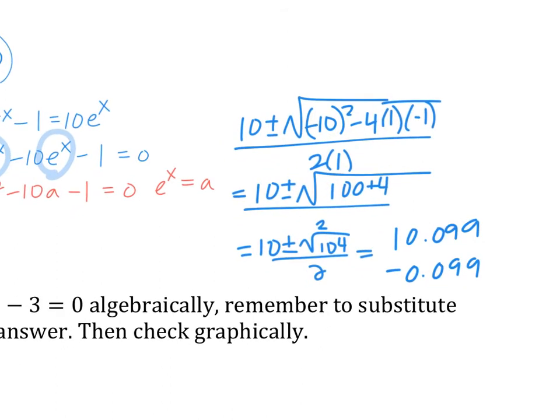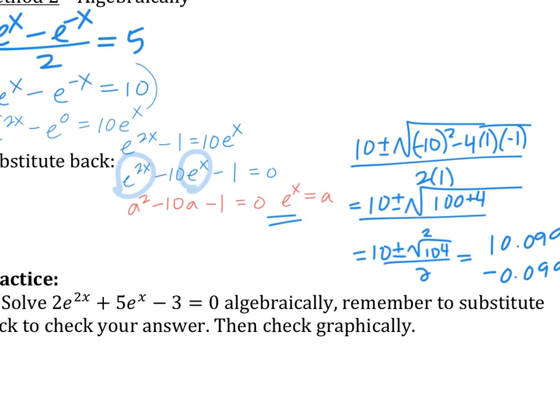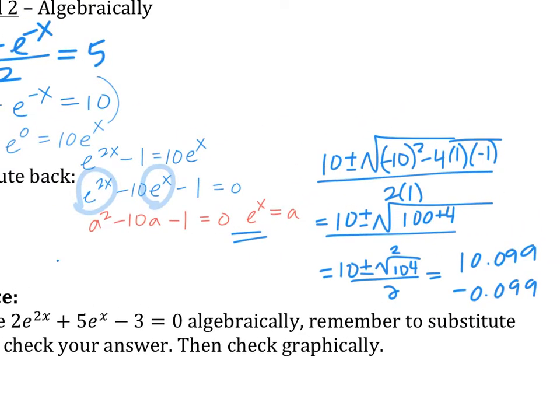We were solving for e to the x, right? Our quadratic formula was for e to the x. So we have to substitute back. e to the x is equal to 10.099, or e to the x is equal to negative 0.099.